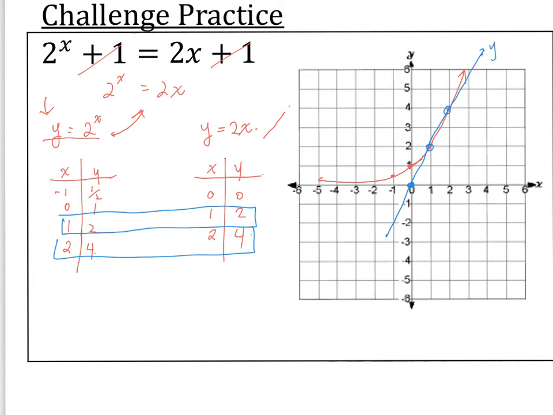So this is y equals 2x. This is y equals 2 to the x. So here we have two solutions. Here are the solutions: 1, 2, and 2, 4.